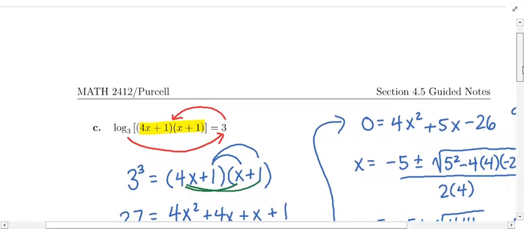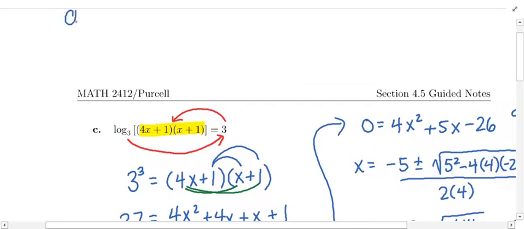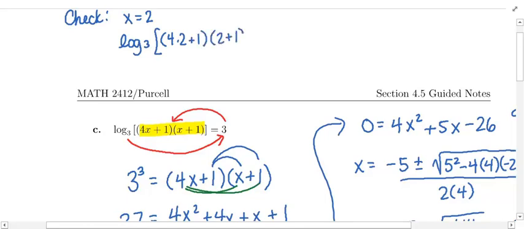I'm running out of room, so I'm just going to go up here. Again, you're worried about plugging in a solution that will lead to taking the logarithm of a negative number or of 0. So if x equals 2, what happens? Plug into the original equation. We're going to be taking the logarithm base 3 of 4 times 2 plus 1 times 2 plus 1.